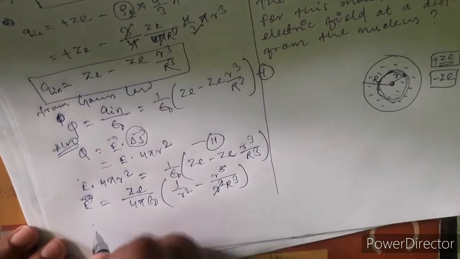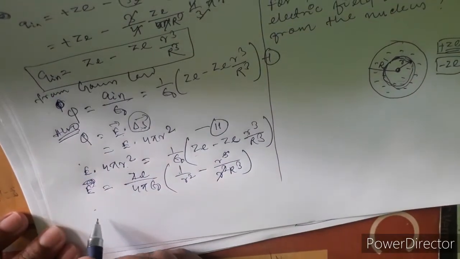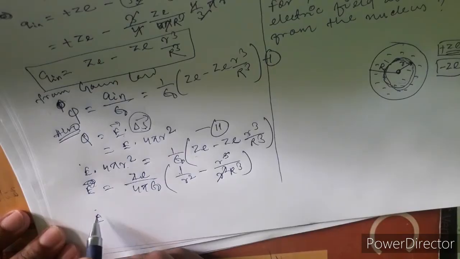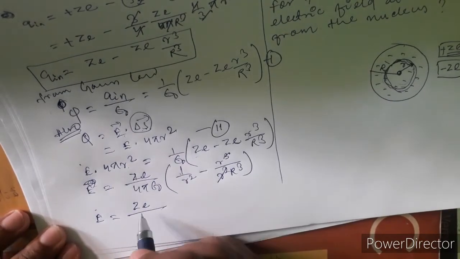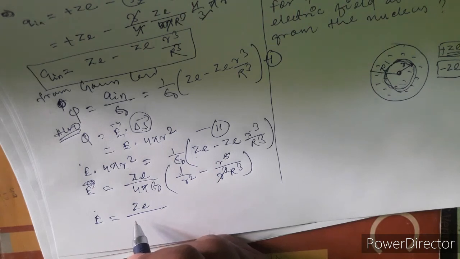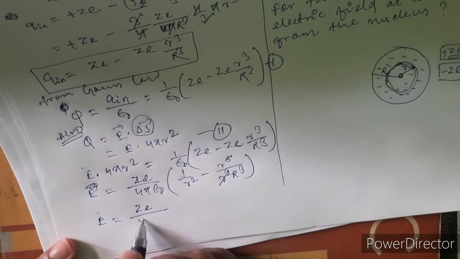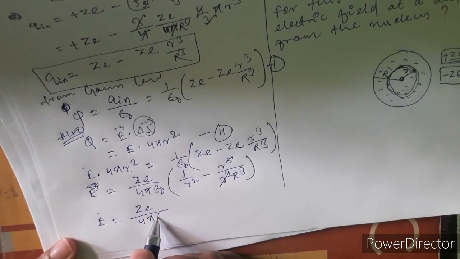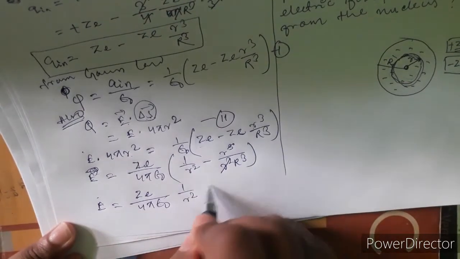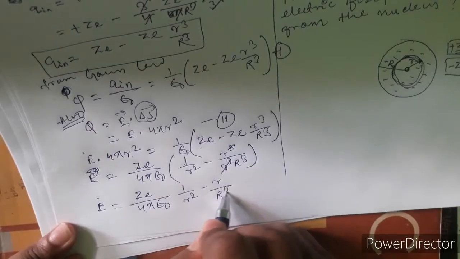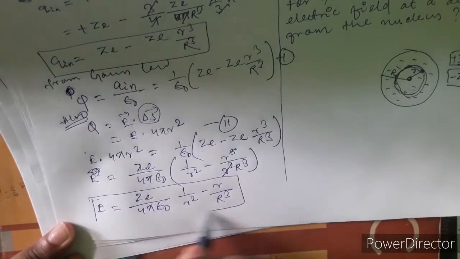So what will be the electric field? The electric field will be equal to JD by 4 pi epsilon naught times 1 by r square minus r by R cubed. So this is the electric field inside the sphere.